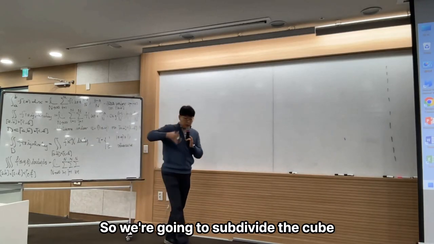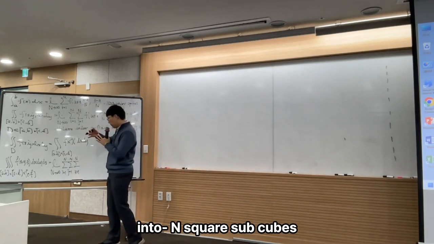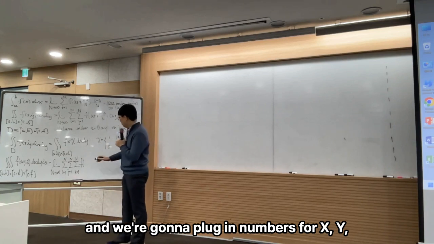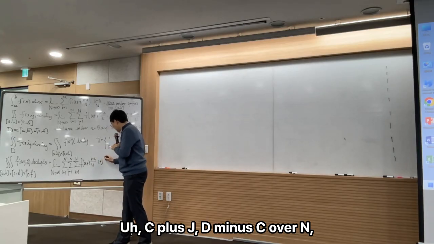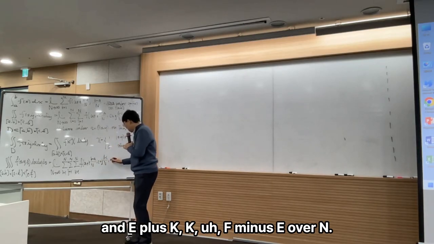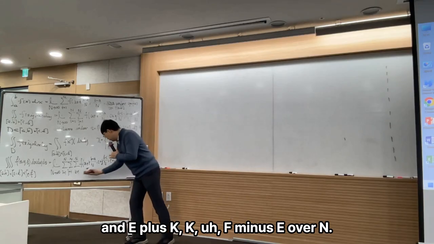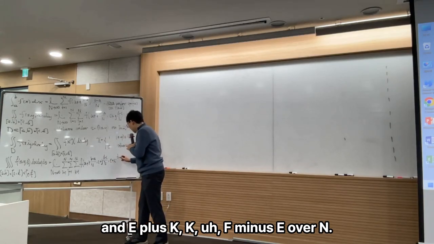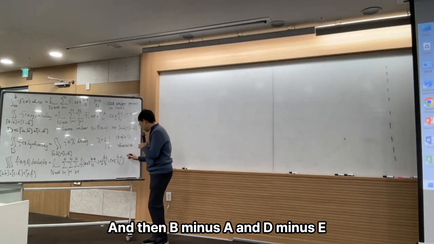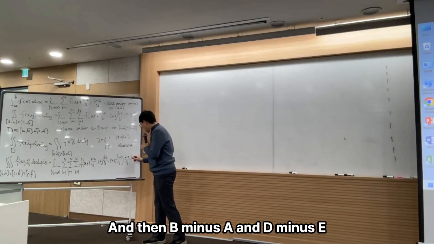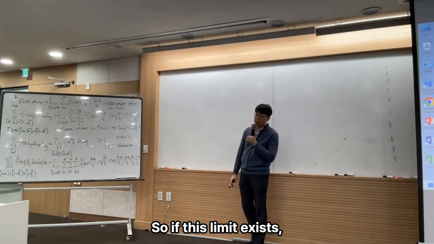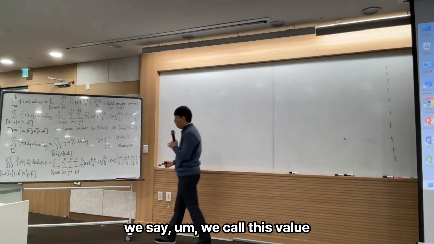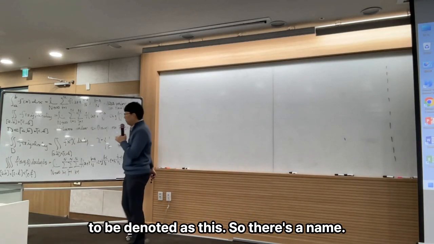We subdivide the cube into n cubed subcubes and plug in numbers for x, y, z: a plus i(b minus a)/n, c plus j(d minus c)/n, and e plus k(f minus e)/n, times (b minus a)/n, (d minus c)/n and (f minus e)/n. If this limit exists, we denote this value by this symbol.